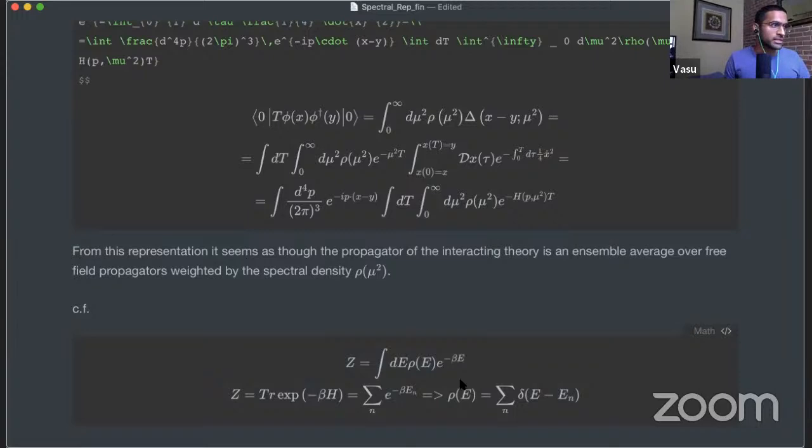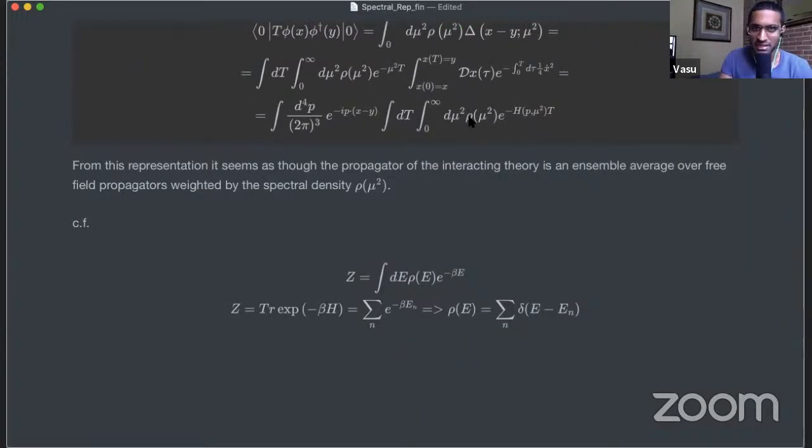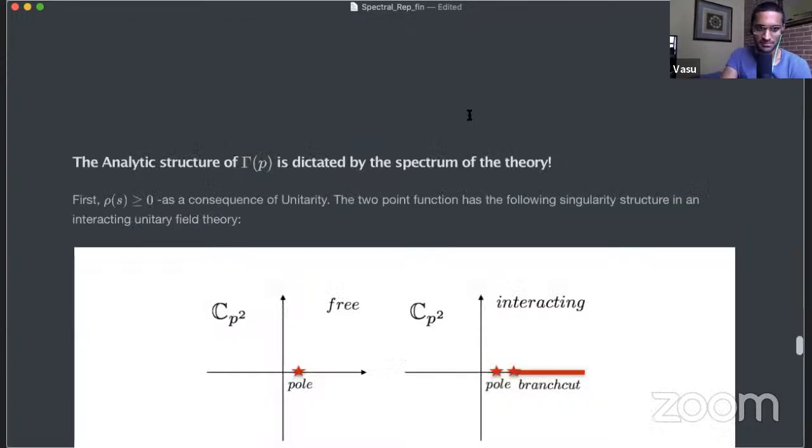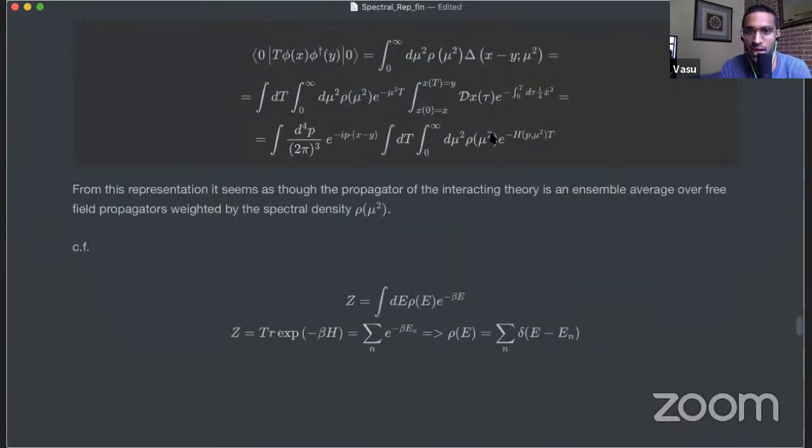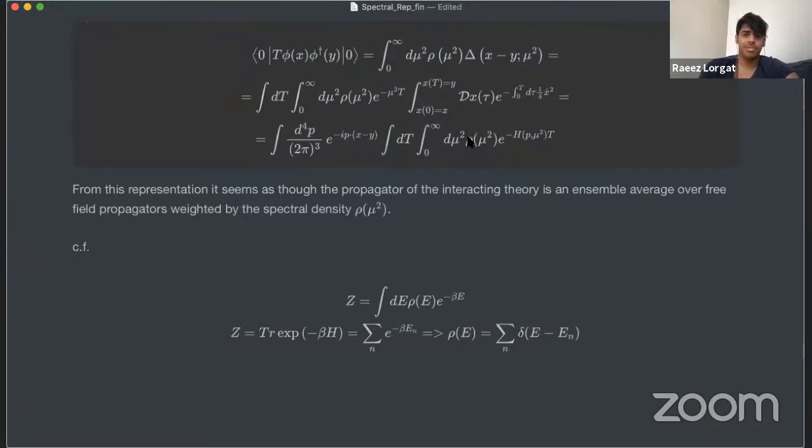But if rho is a nice analytic function, then all we really need to know is where the cuts and poles in the complex mu squared plane are, and that should be enough to recover rho. So the analytic structure of this quantity is dictated by the spectrum of the theory, in other words, by the poles and branch cuts of rho.